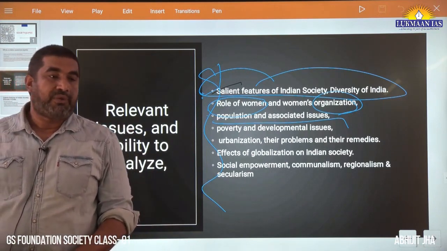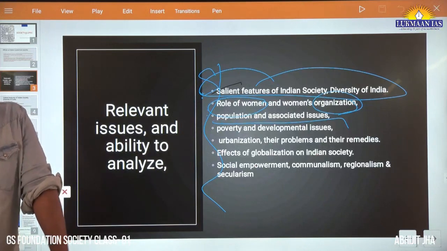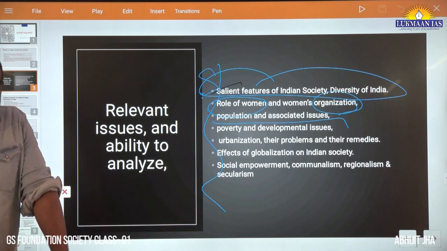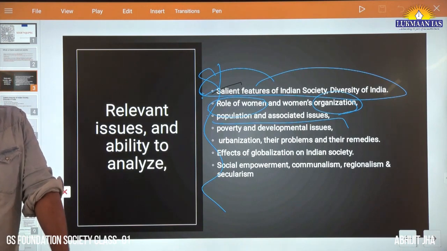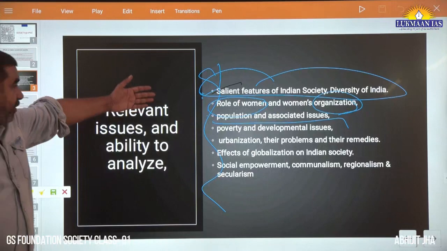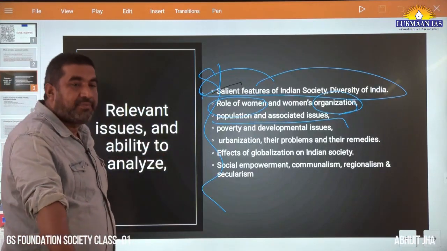Now, when we discuss urbanization, the corollary to urbanization is migration. Without migration, there can be no urbanization. It's not possible. Population increase is also a reason that leads to urbanization.